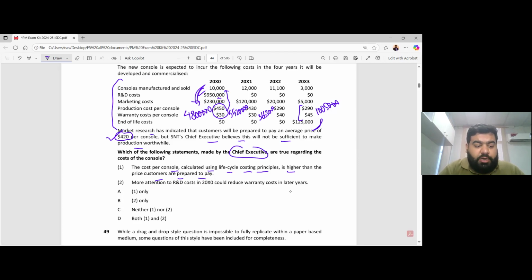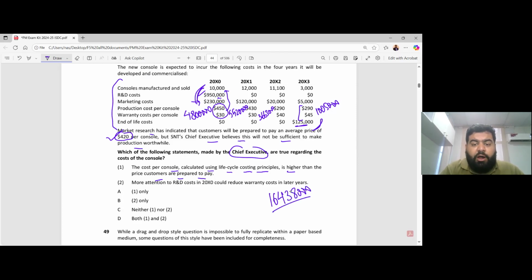Now that cost we have calculated in total is 4.8 million, plus 5.52 million, plus 3,663,000, plus 1,005,000. Now the last cost, end of life cost, this is 125,000 as well, because I told you to add all of the costs.